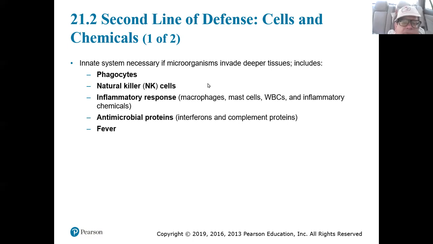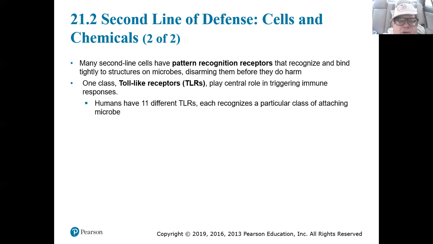So moving on. Many second line cells have pattern recognition receptors. They recognize and bind tightly to things on microbes. What we're talking about mostly are antibodies, antigens.